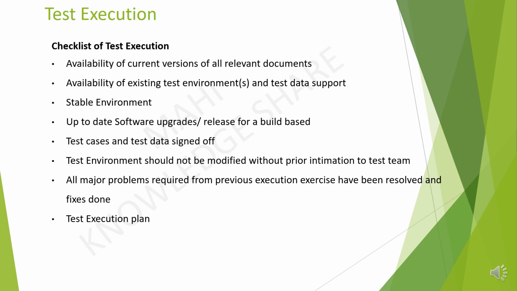And the last, checklist number 9. Prior to entry into test execution, an assessment should be conducted for readiness into the test execution phase. This would primarily include a sanity test, ensuring completeness of the test scripts and availability of test data.